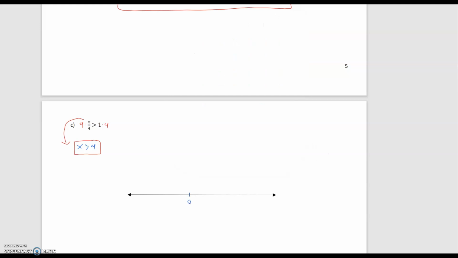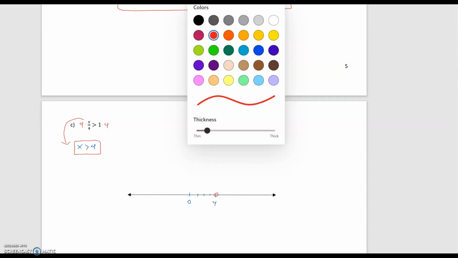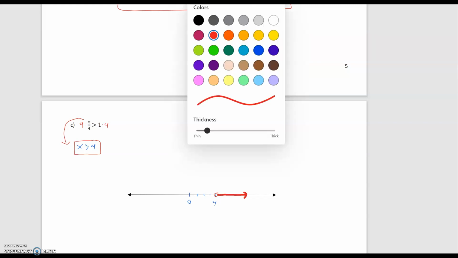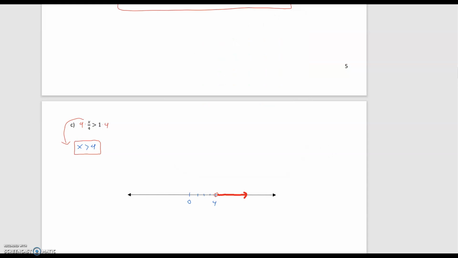So this is 0, 1, 2, 3, 4. And it's also a greater, so let me use the open circle. And greater means every value towards the right. That's actually it for C.